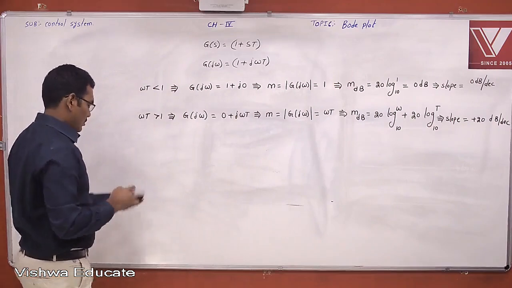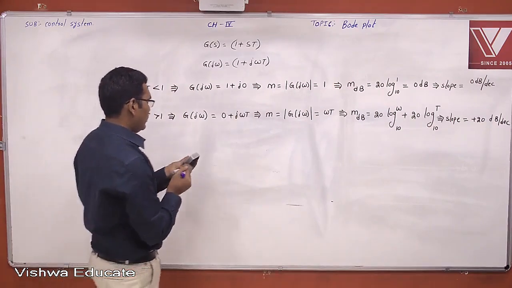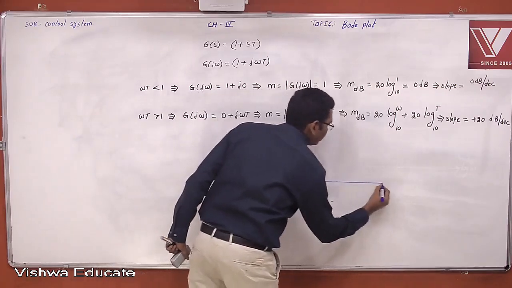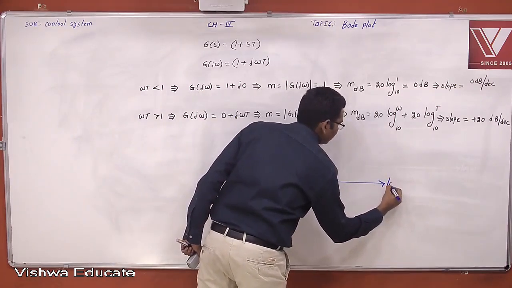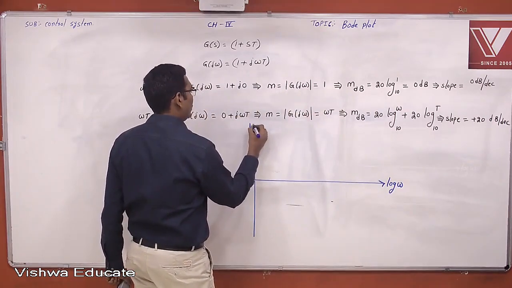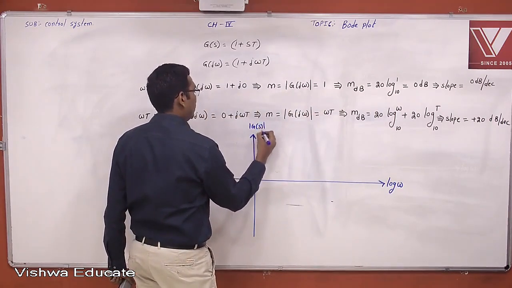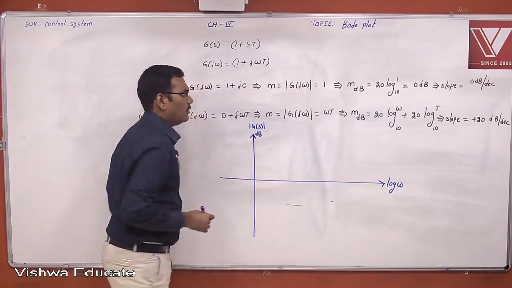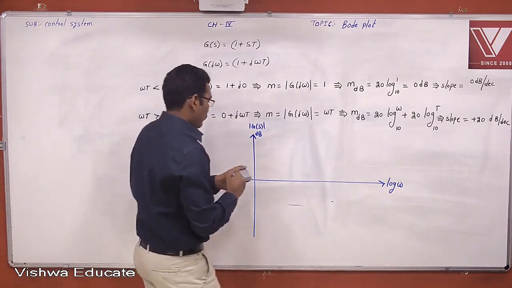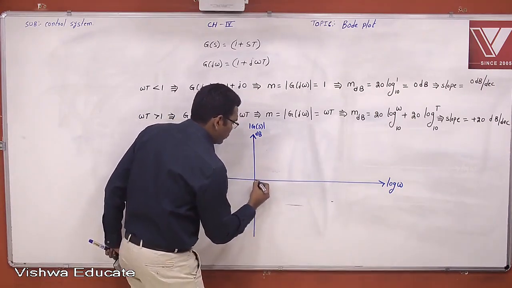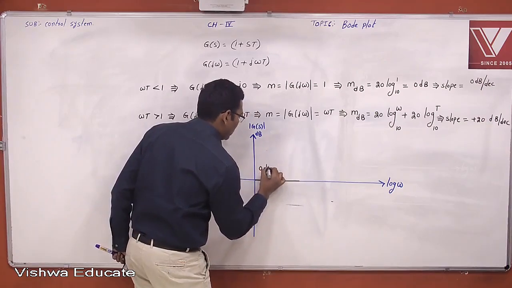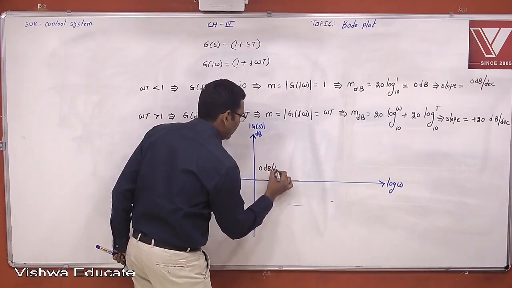Now you just take here magnitude versus frequency. This is magnitude in terms of dB versus frequency. When omega T is less than 1, the slope is 0 dB per decade.